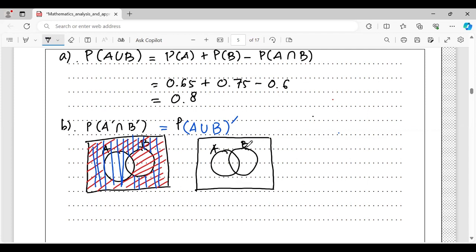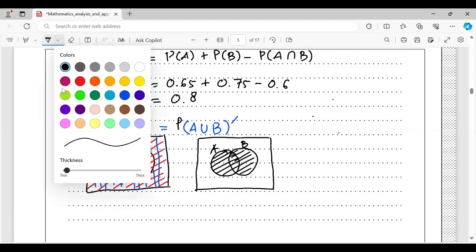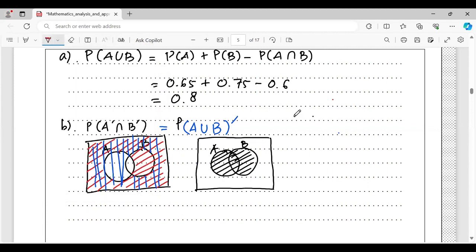Now, A union B is this, A union B, or A and B. Okay, the shaded area is the area of A union B. So how about non-(A union B)? I'm going to shade, out of A union B, this area.